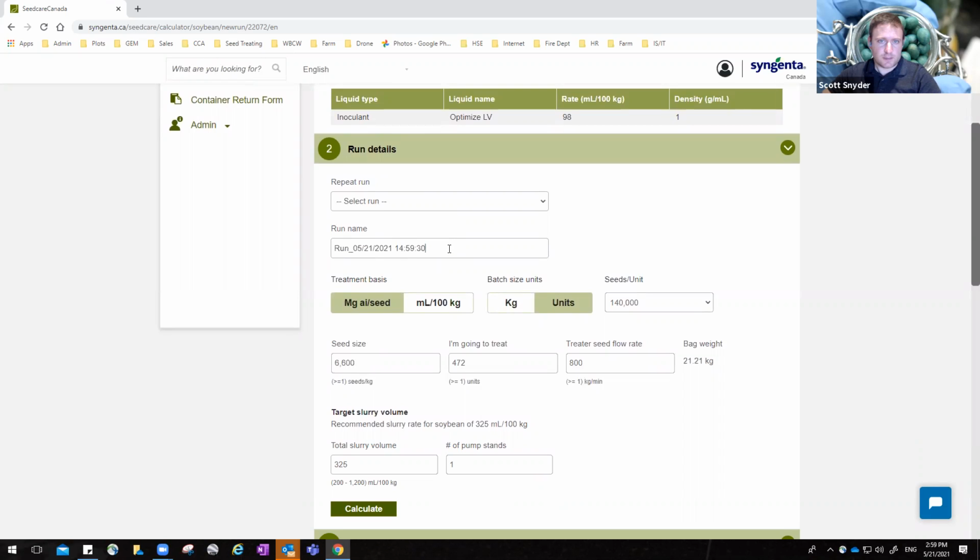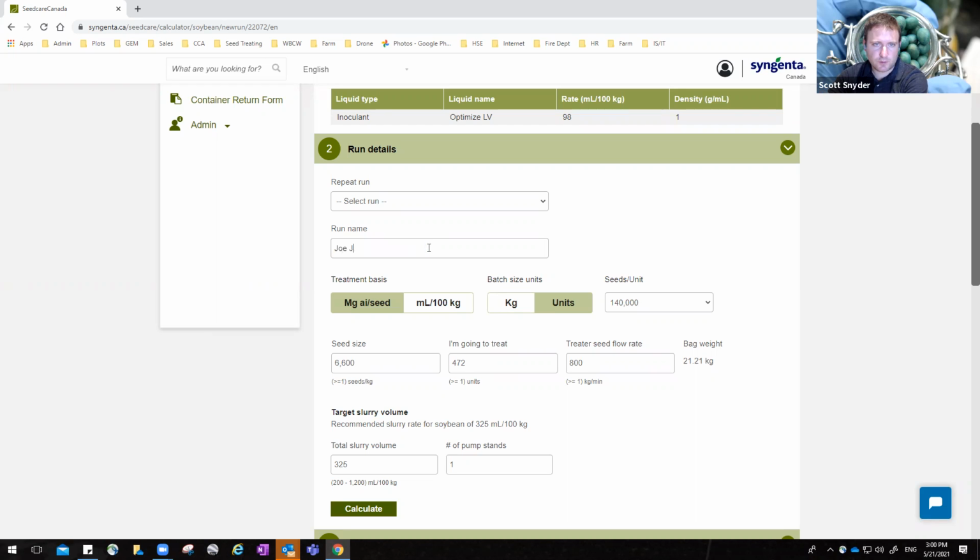But let's say, in a lot of operations, you'll have Joe Farmer. He'll come in 3 times a year, he'll bring his gravity bin, and he'll get the same amount every time, same variety, same treatment. So in this scenario, he could have already been in once, and this is a second order.